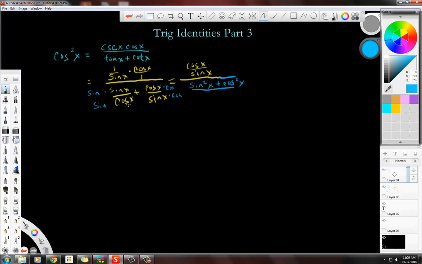And on the bottom, we have the same denominator, and I went ahead and just put it all over one big bar on the bottom. So this right here, let me go back to yellow. This is all one big bar there. So the blue stuff's on the bottom. And the bottom will be sine x cosine x.